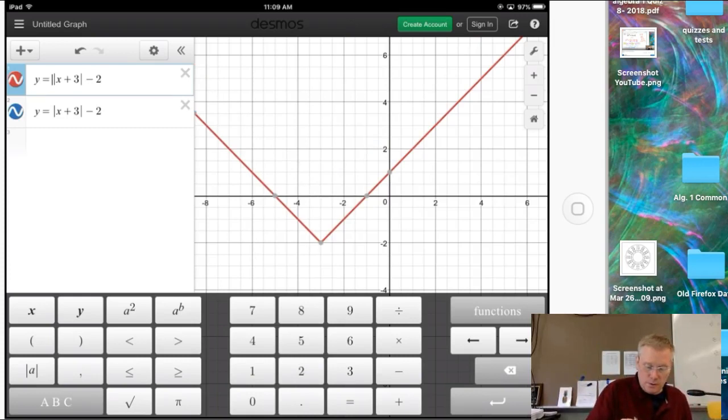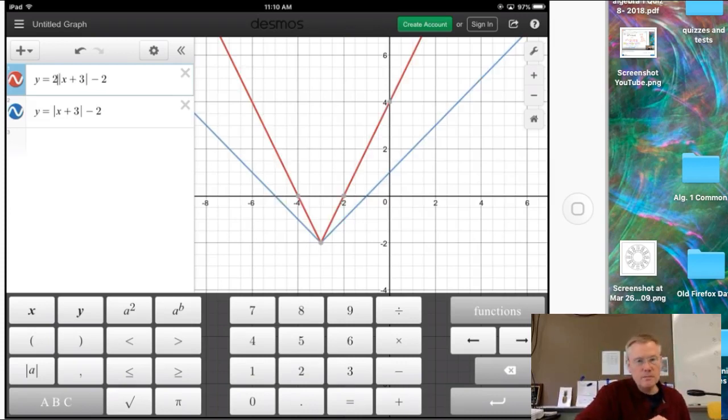This is what's called a stretch, because it's like somebody pulled the graph up, all right? It stretched it out vertically, really. You'll also notice that the slope of that V is now positive 2 and negative 2 on that red line.